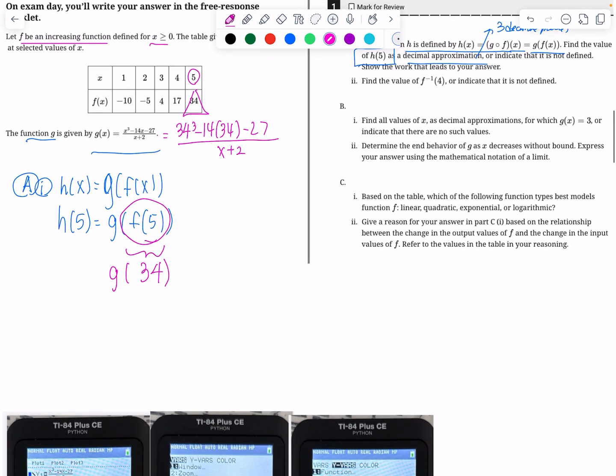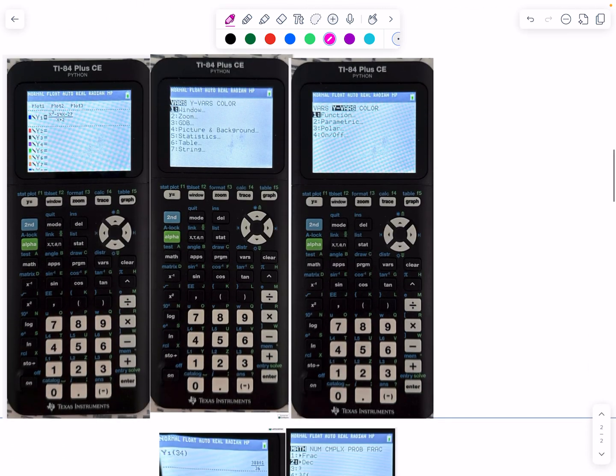Or I use the calculator. So let me show you the calculator method. First you press y equals, and then you put the rational equation, okay? X to the third minus 14x minus 27 all over x plus 2. Then you're going to press quit.